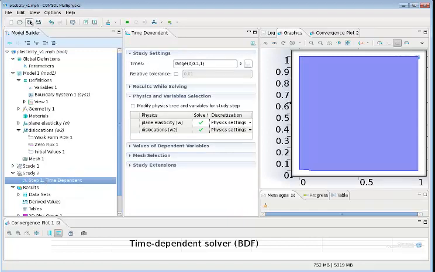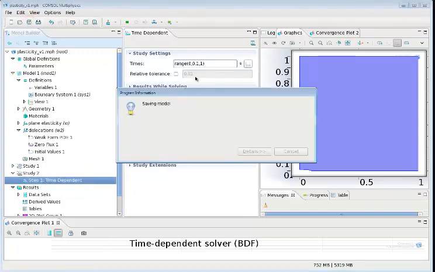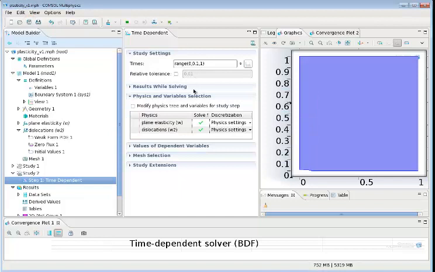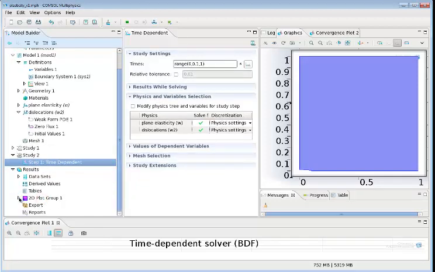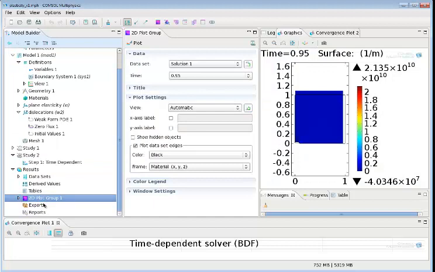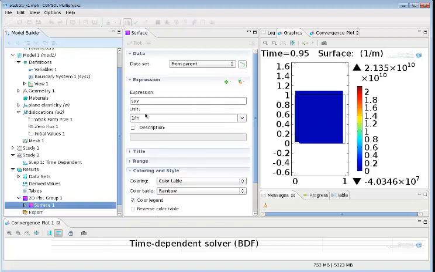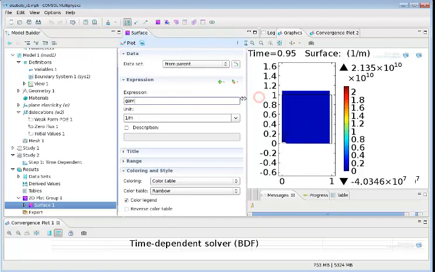And just so we have an idea on what's happening, instead of plotting the stress, let's put in GAM. Alright, save it one more time. And error.